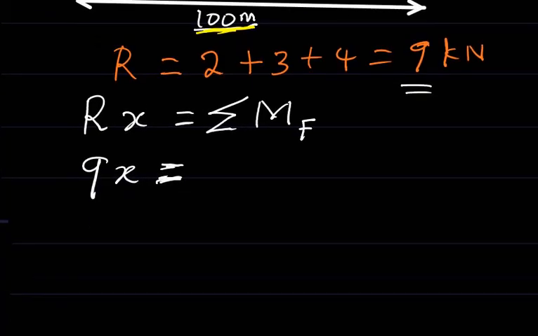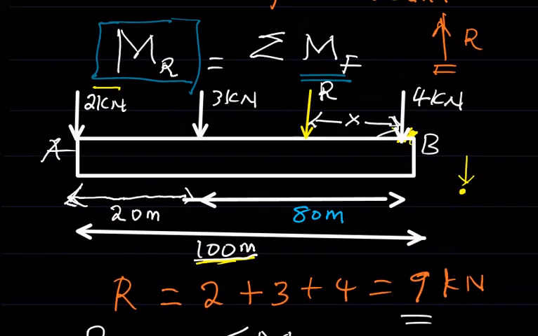So the moment we have is 2 times 100, plus 3 multiplied by 80.